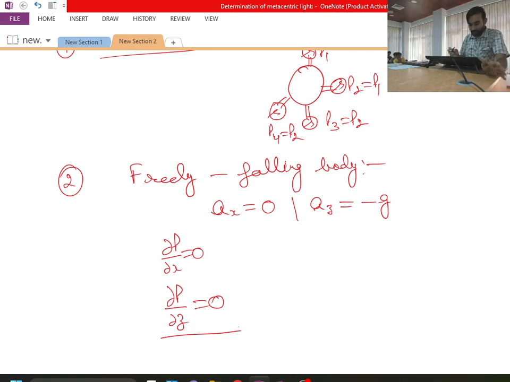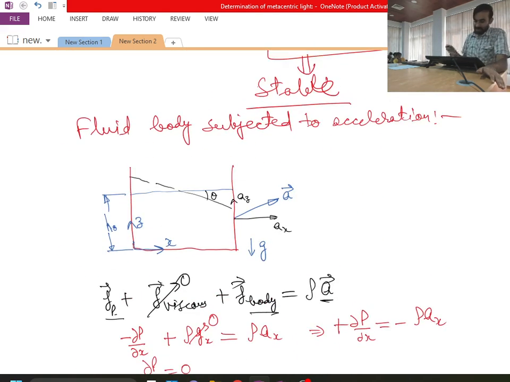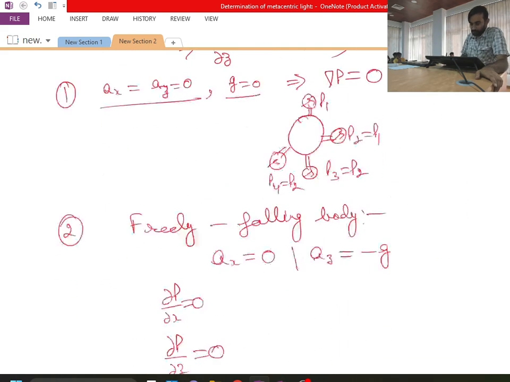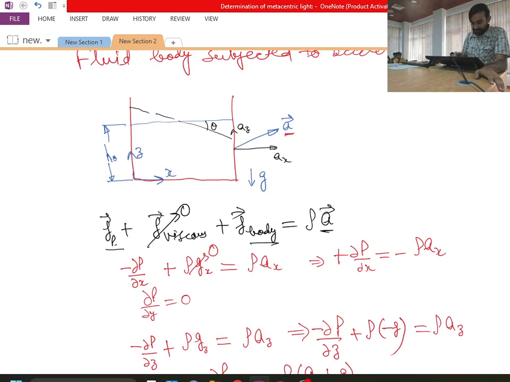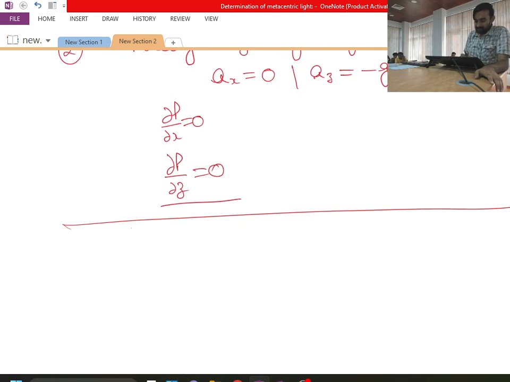Okay. Now it is important to know that we are mainly interested in, if we have acceleration A, then what will happen to the free surface. So if I don't consider the special cases and go back to my original situation, then I now have del P by del X equal to minus rho AX and del P by del Z equal to how much?